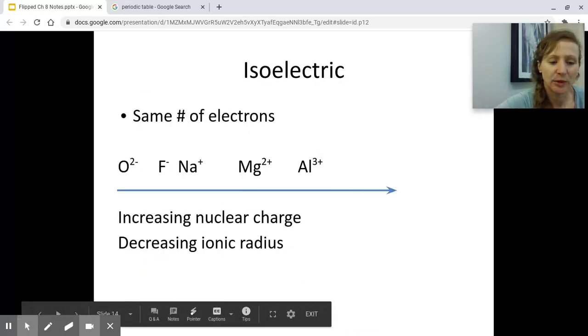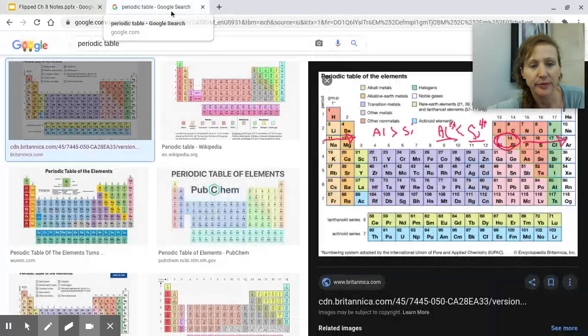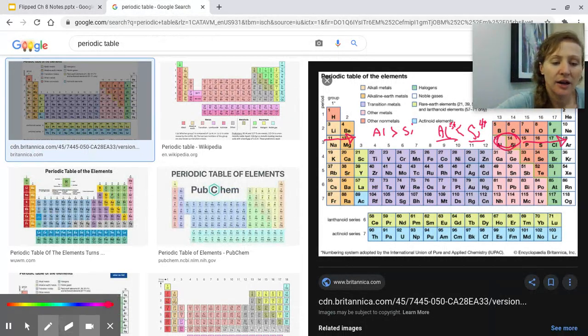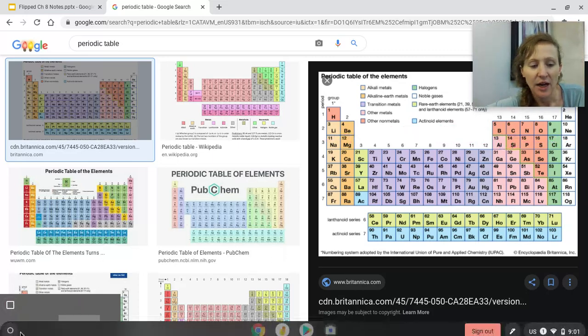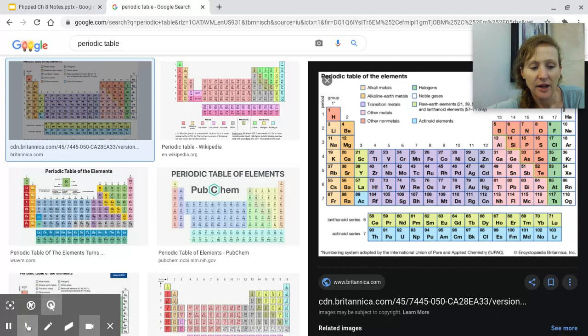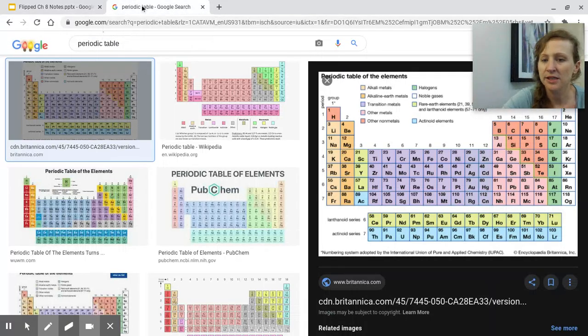For example, if we look at oxygen, fluorine, sodium, magnesium, and aluminum. Let me erase this page so you can see these a little bit better. Oxygen, fluorine, sodium, magnesium, and aluminum.